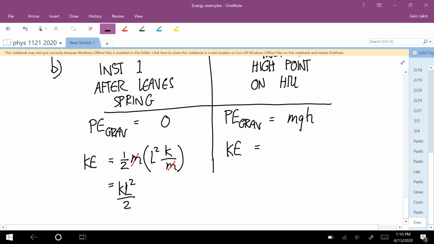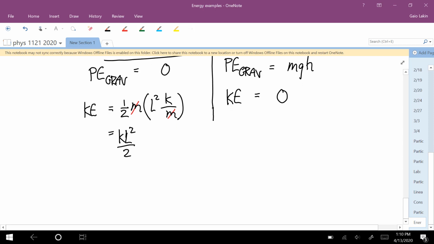And so this is equal to 0 because v is 0. And now we can use conservation of mechanical energy. We have 0 plus KL squared over 2 is equal to mgh plus 0.